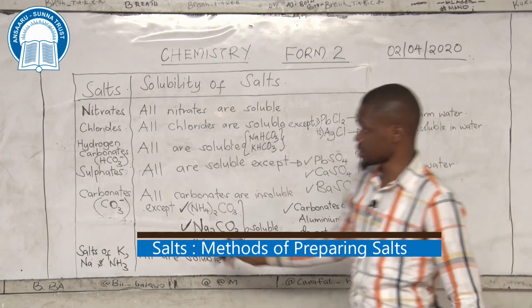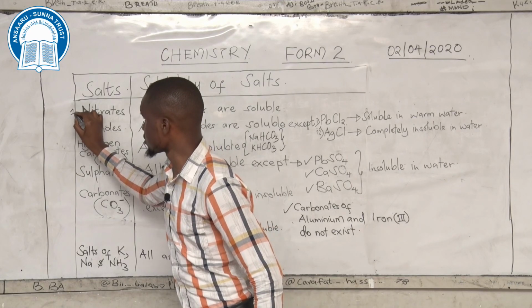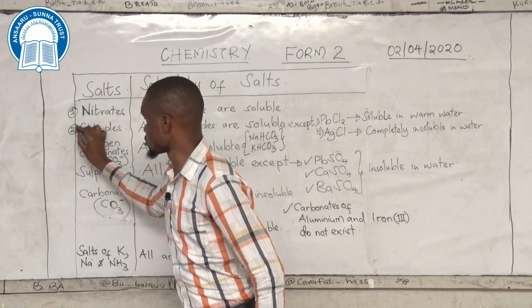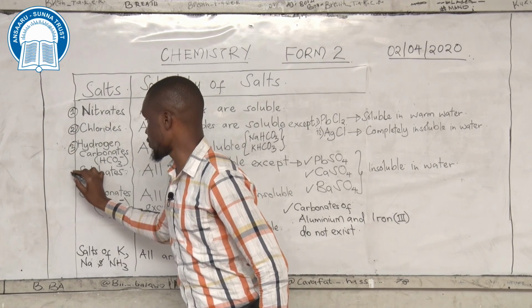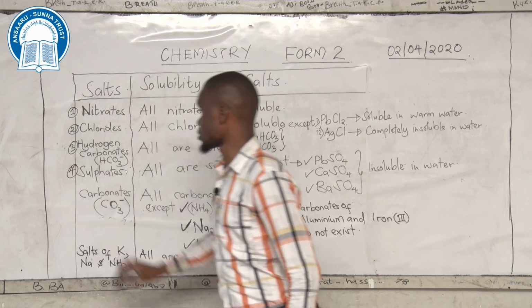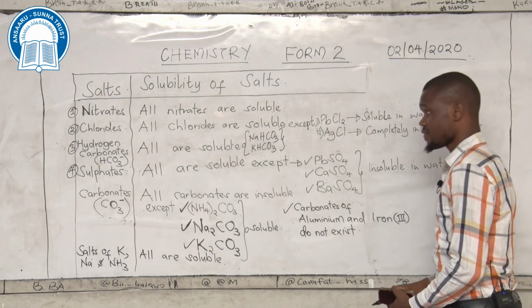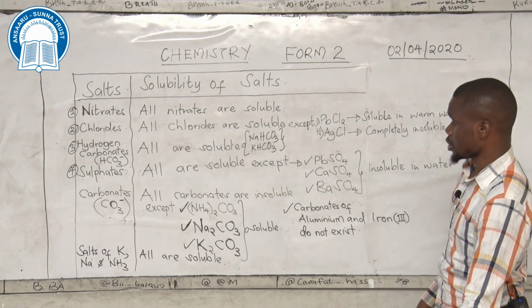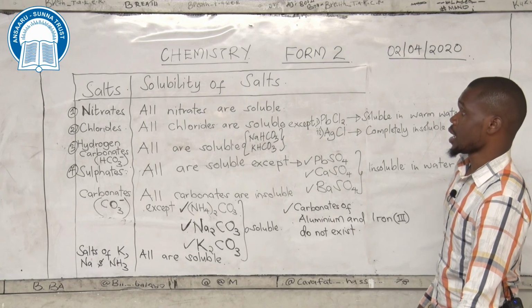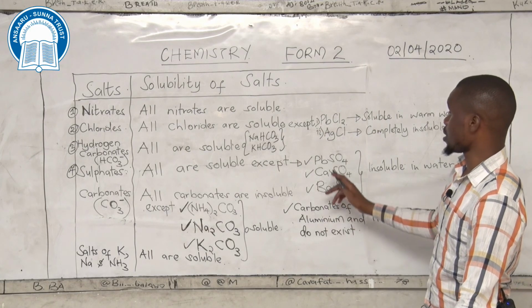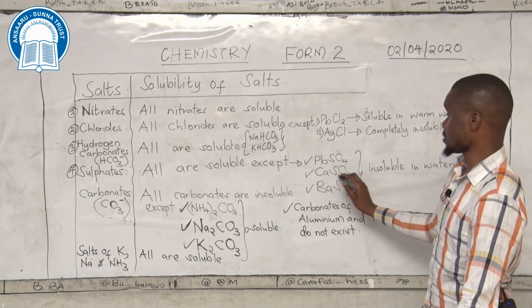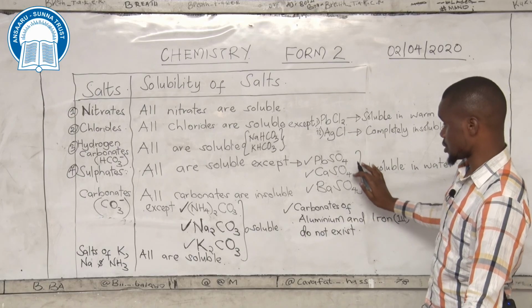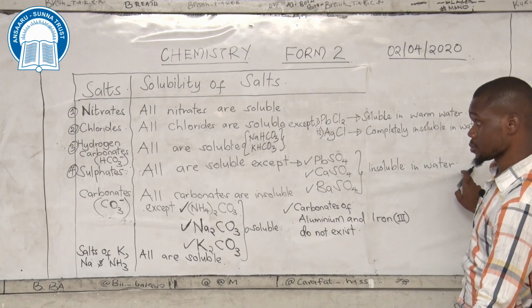The fourth category is now sulfates. And we're saying all sulfates are soluble except 3. The sulfates that are insoluble are lead sulfate, calcium sulfate, and barium sulfate. All these 3 are insoluble in water.